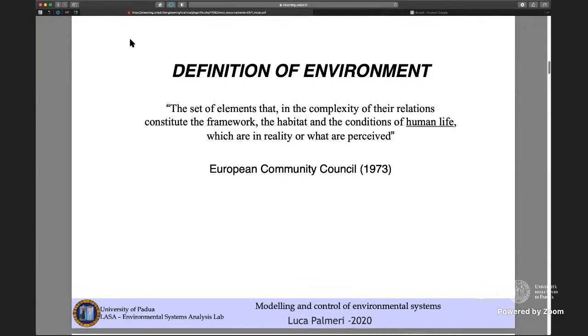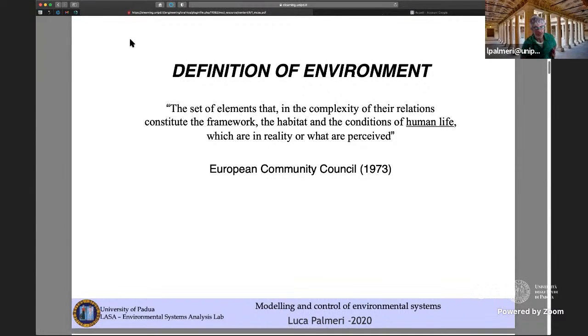So let's spend a little time on this definition. The set of elements. So we recognize that environment is made up of a set of different elements. We recognize that environment is a complex object.